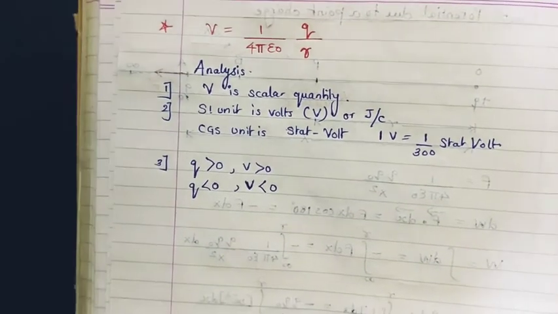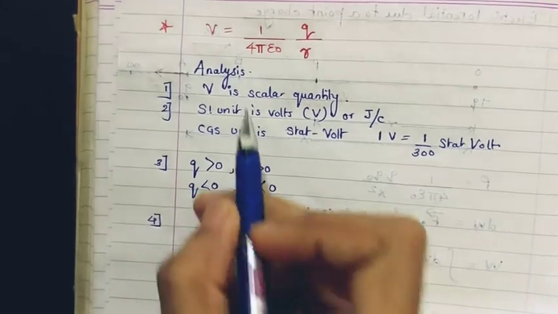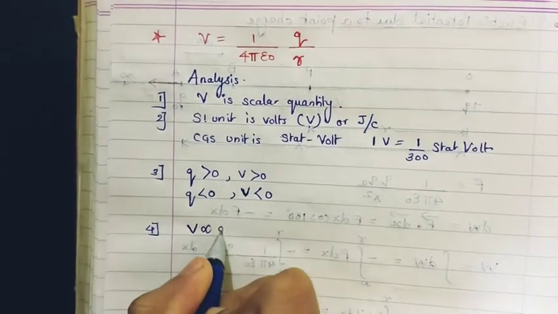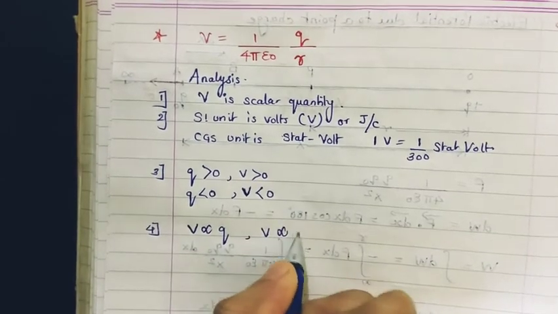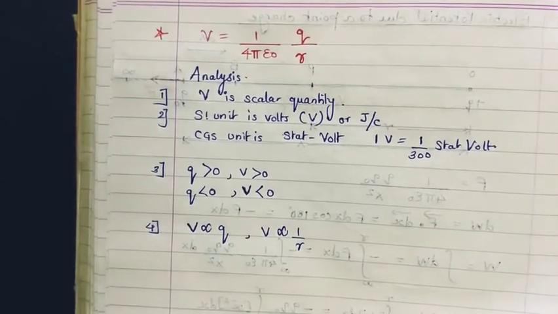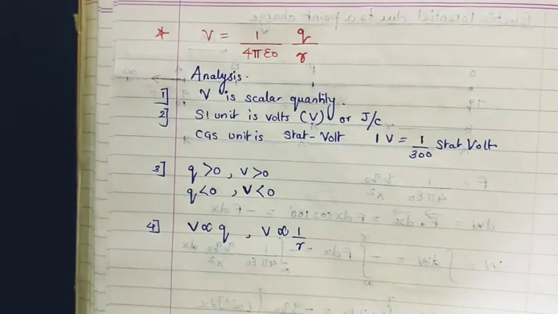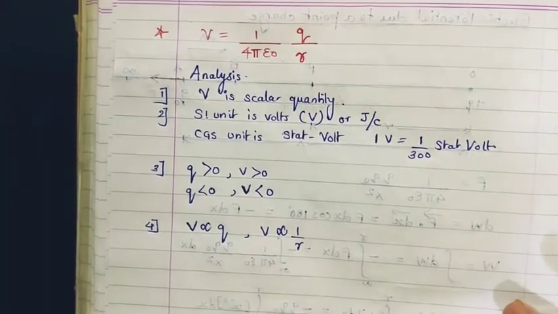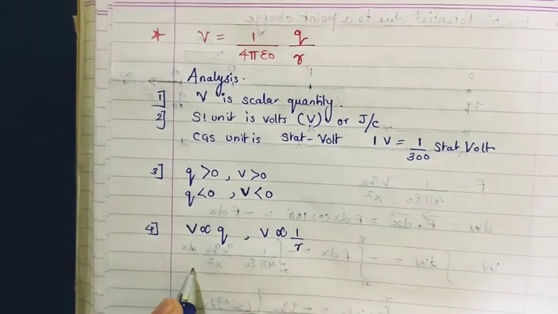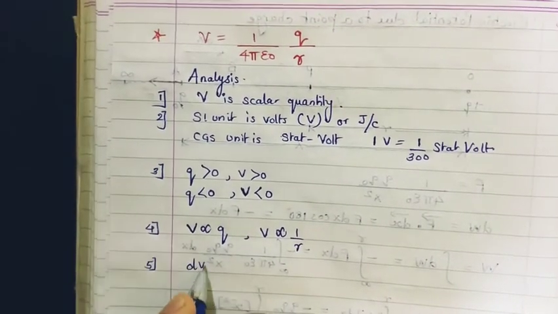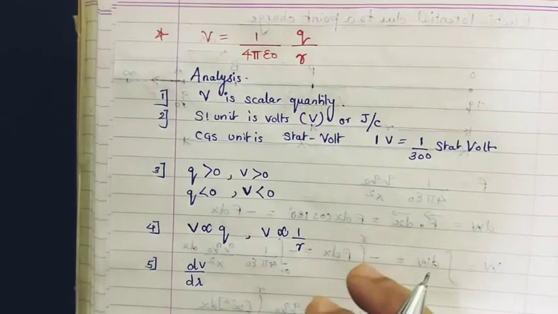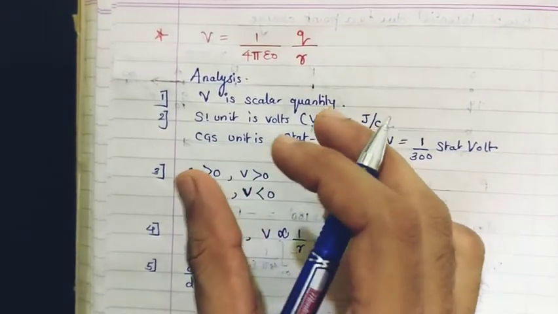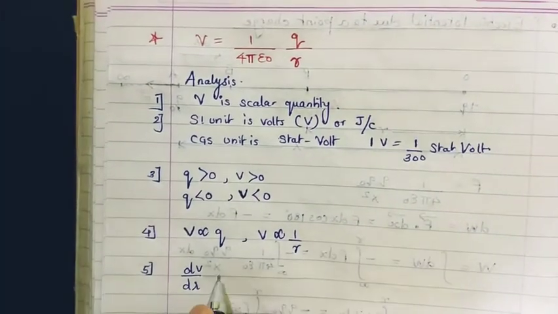Okay, another thing you have to remember over here is, if you see the formula, V is directly proportional to Q, and V is inversely proportional to r. This is what you can see from this formula. Okay, the change in this potential per unit distance, if you consider dV by dr, the change in potential in between the 2 points with respect to the displacement, is called the potential gradient.